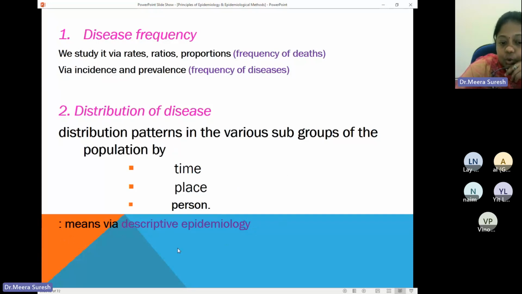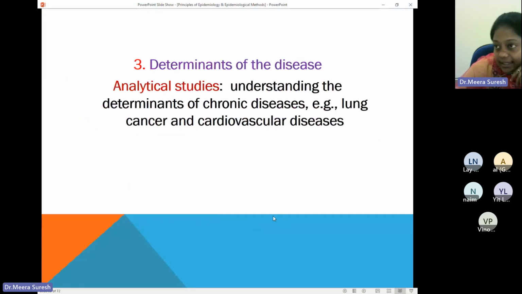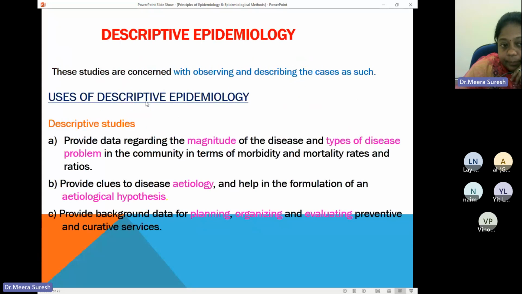When we do this, what we do is actually descriptive epidemiology, and that gives us a hypothesis regarding the origin of the disease. And when we test whether the hypothesis is correct or not, then it is called the analytical studies. So underneath the analytical studies come the case control, cohort study, etc.